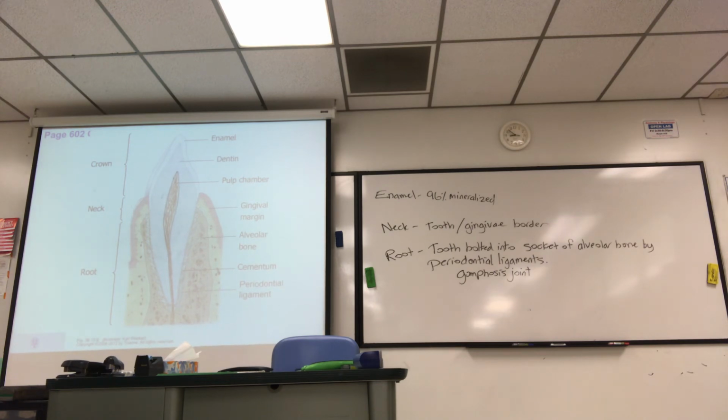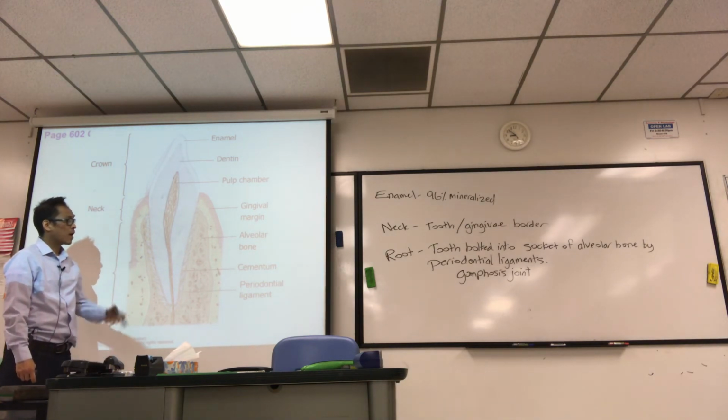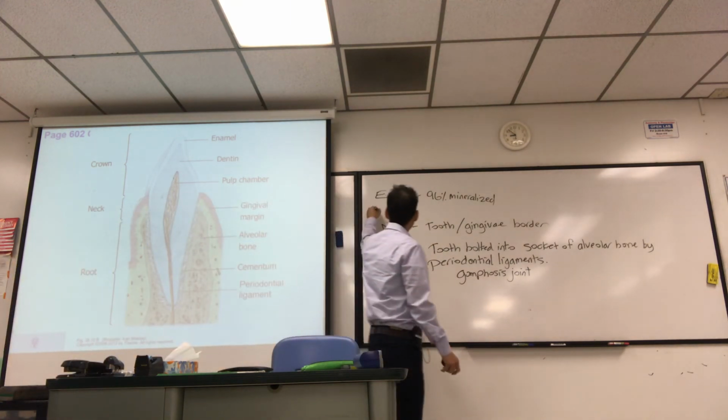Most of the tooth in crown, neck, and root is called dentin, which is also mineralized, not as much as enamel, about 70%.